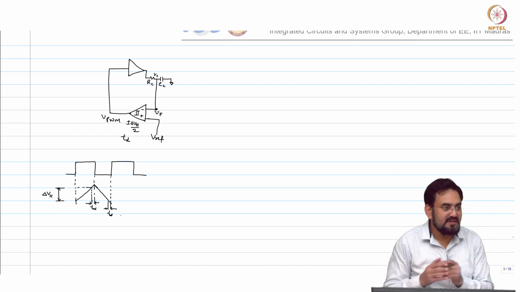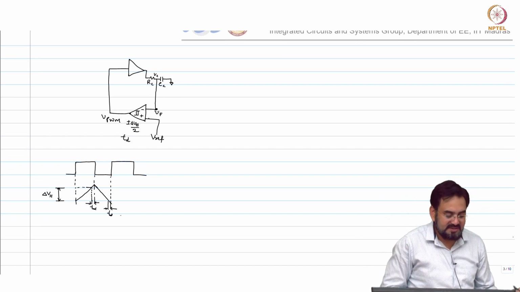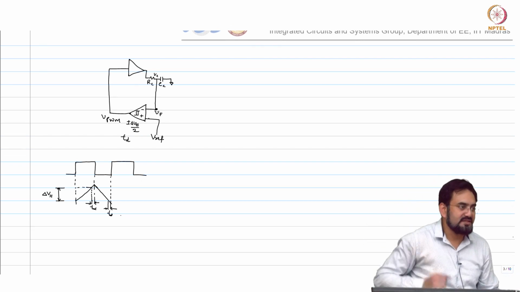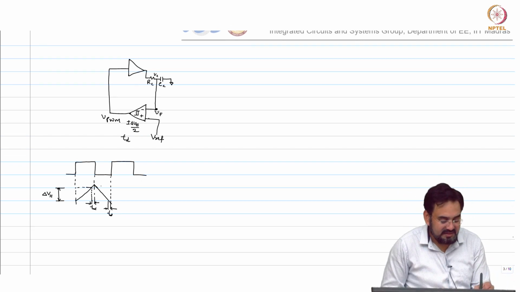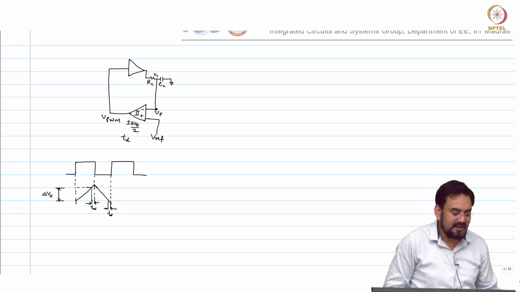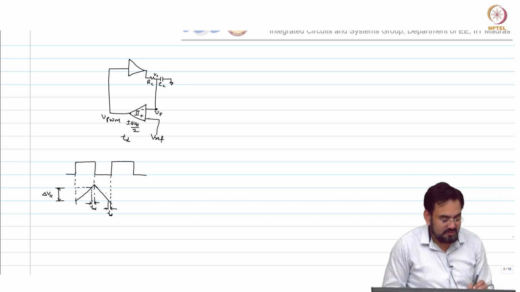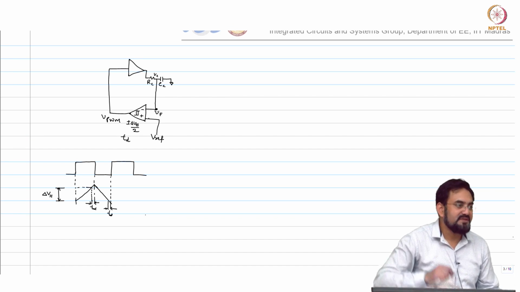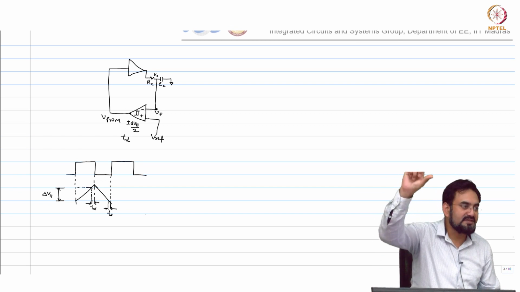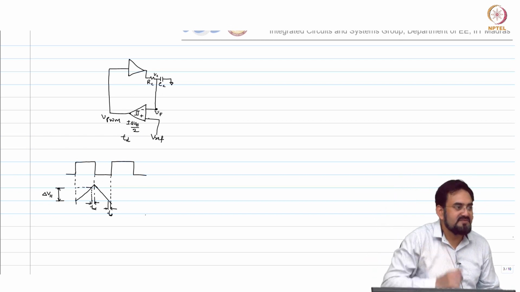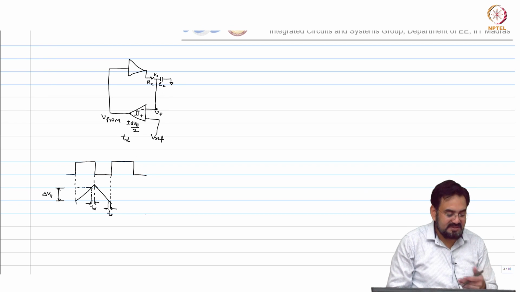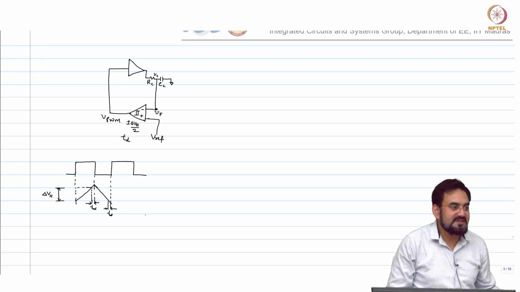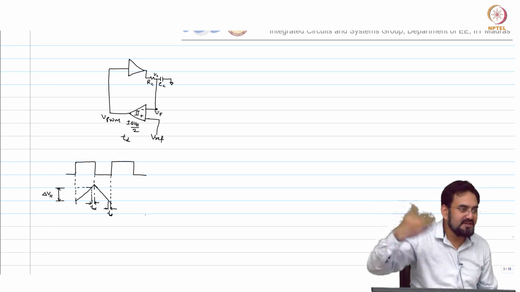The same thing happens when it goes from low to high, which means until that time your VC will keep charging or discharging. So, you will get an extra peak and valley, correct. What if the slopes are the same? Then this delta VH on the higher side and lower side will remain the same, so the average will not change. But the slope can be the same only if you have 50% duty cycle. If it is a non 50% duty cycle, one side will be more than the other.